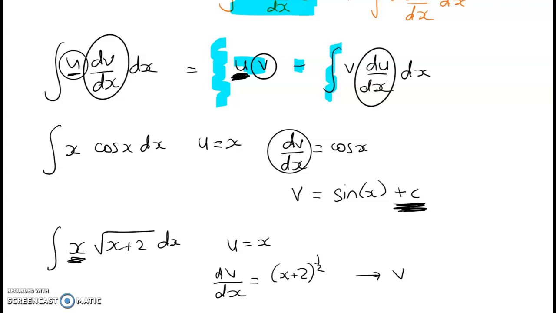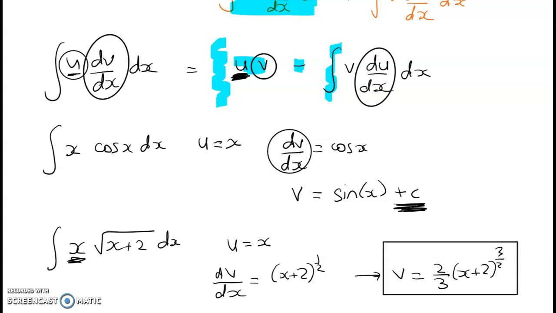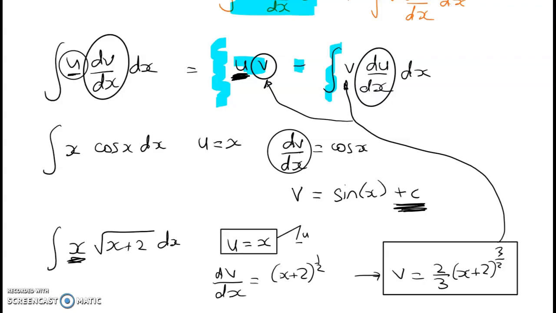So that gave us v, which, its integral, was 2/3 x plus 2 to the 3/2. That integral is what's going into both there and into there. And u was x, and du by dx was equal to 1.